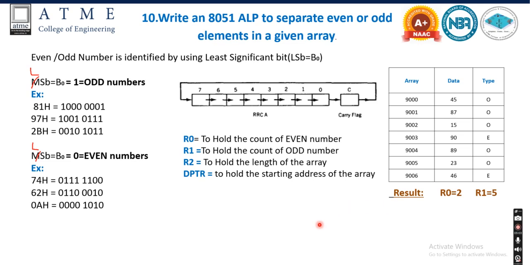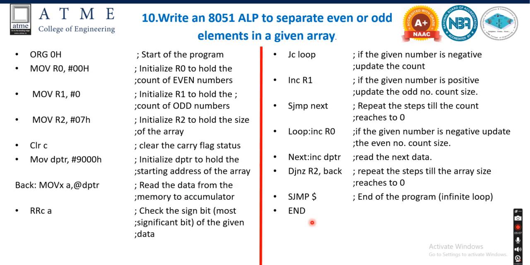Okay, this is about the working of an 8051 program. So let us consider the program. The program starts with initializing R0, R1 and R2 to appropriate values.